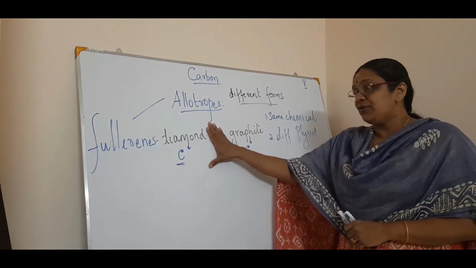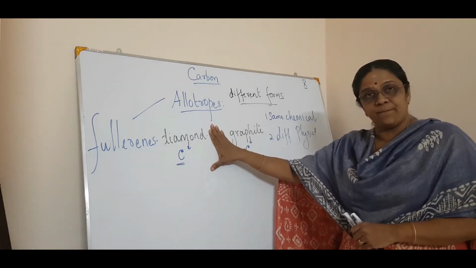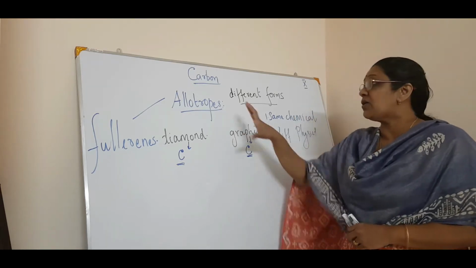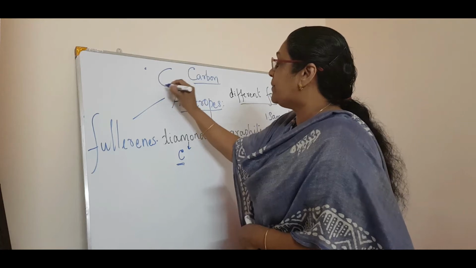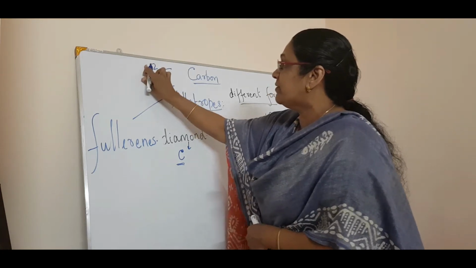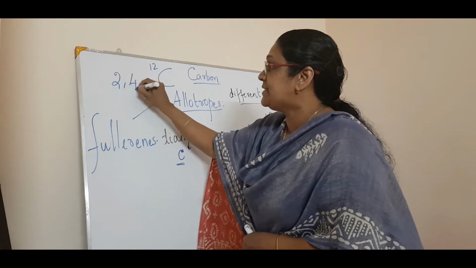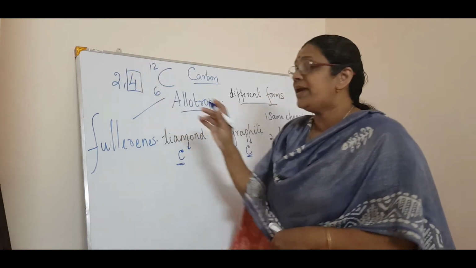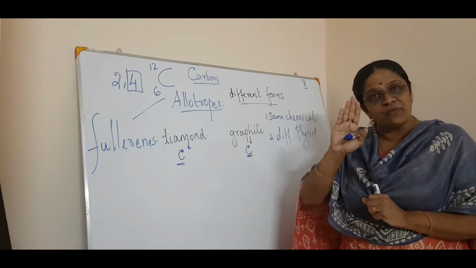Now, if you see the structure of diamond, you know carbon has how many valencies? Always remember carbon is 6C12. The electronic configuration is 2 and 4. So carbon has 4 valencies.